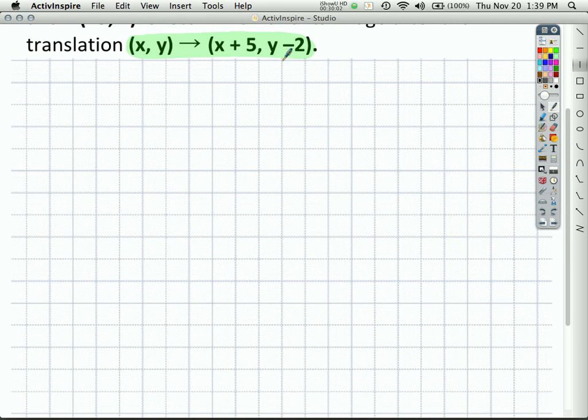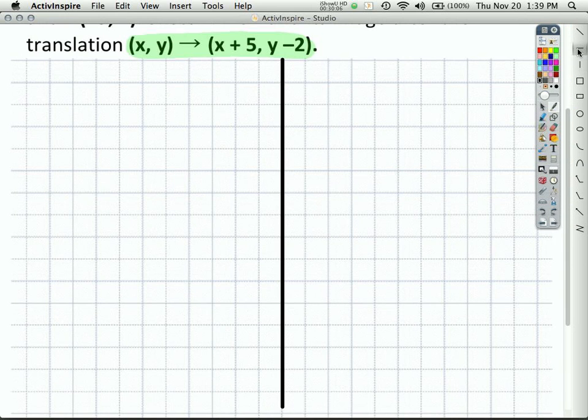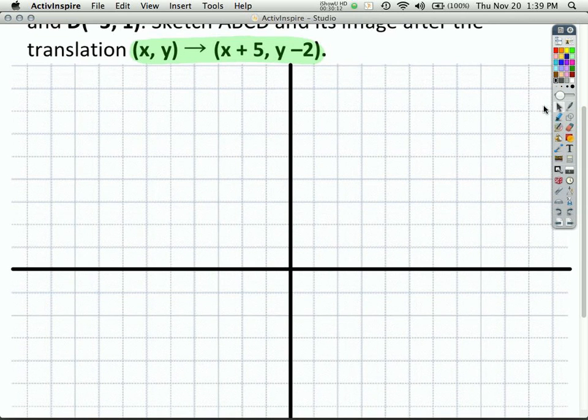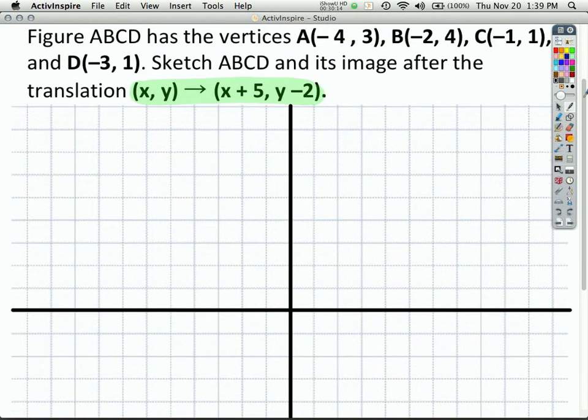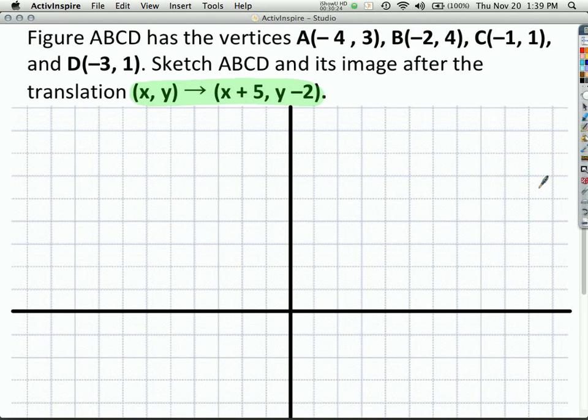I'm going to set one up for myself. And we're going to draw the pre-image, A, B, C, D. So we're going to work simultaneously for a couple minutes. And make sure you label your points.